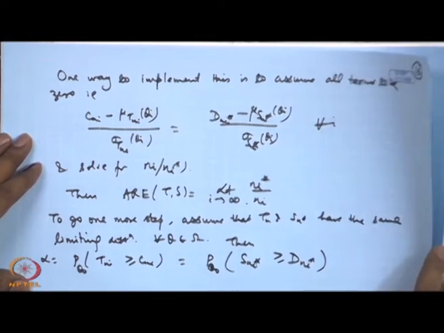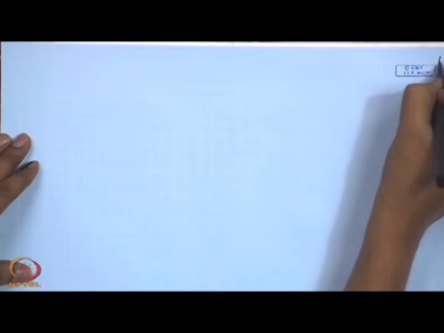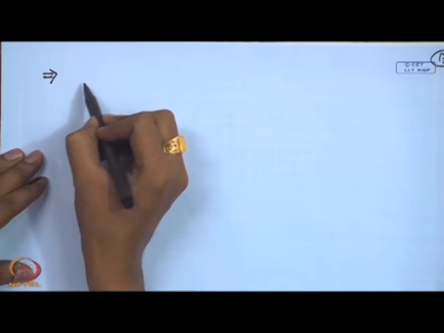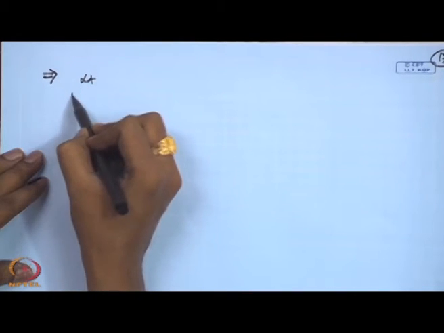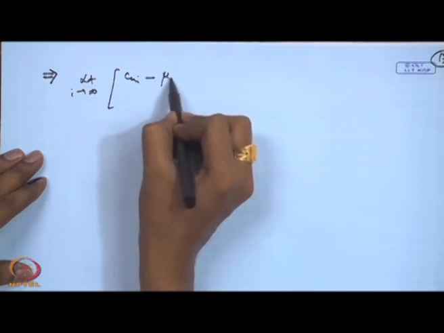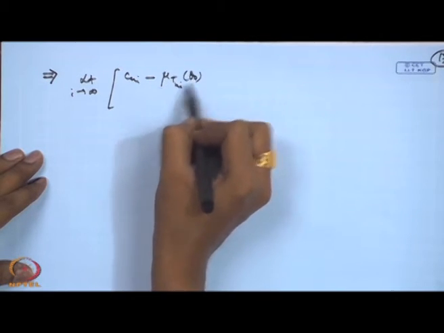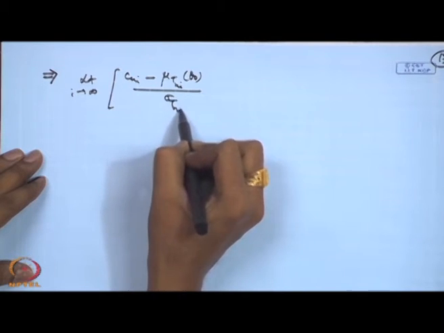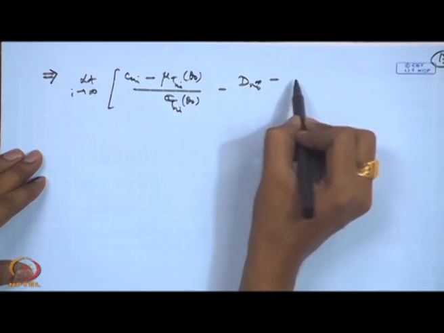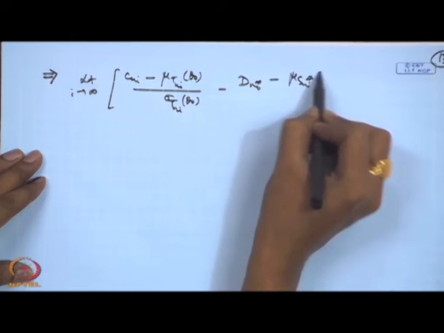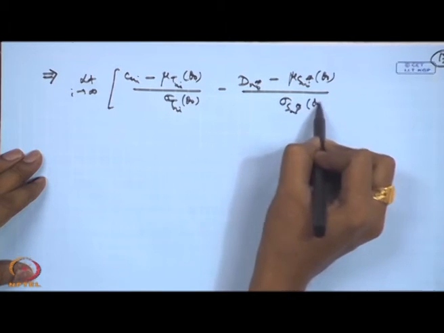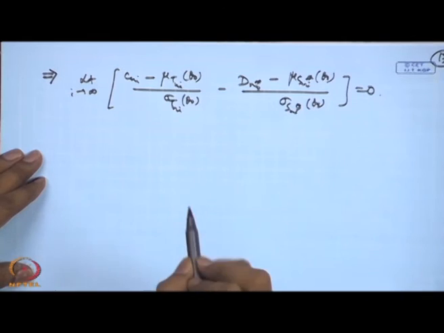So, this will imply that the limit as I tends to infinity of (Cni minus mu Tni of theta naught) divided by sigma Tni of theta naught minus (Dni star minus mu Sni star of theta naught) divided by sigma Sni star of theta naught is equal to 0.